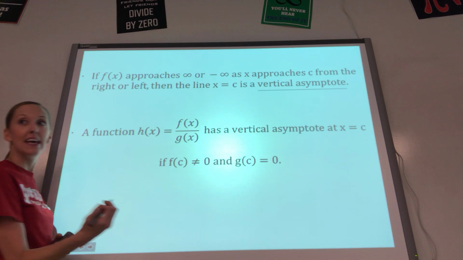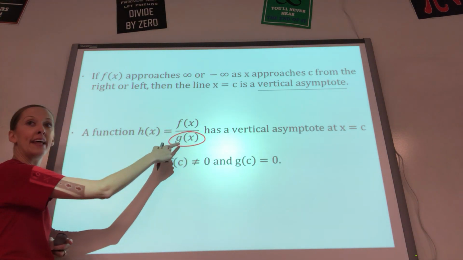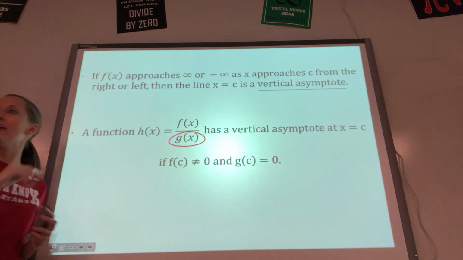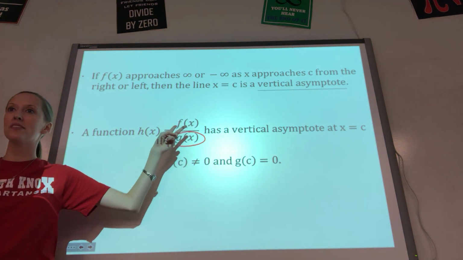What that means is, to find the vertical asymptote, you want the bottom to equal 0. You don't want the top to equal 0.